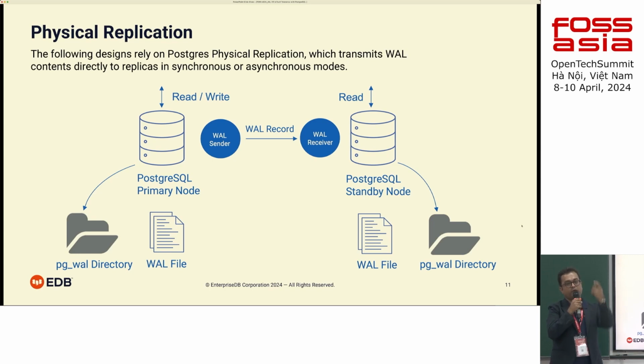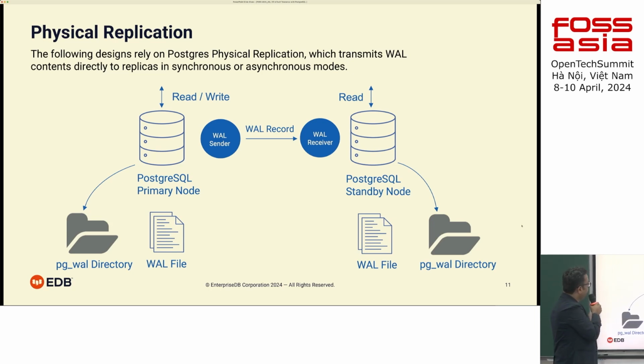And in sync, you have multiple methods: on, off, remote write, remote apply, depending on your RPO, where your system fails. And then you have async replication, which is the default, where near-zero downtime is required. Then you can get the async replica, and it will give you better performance compared to a sync replica.